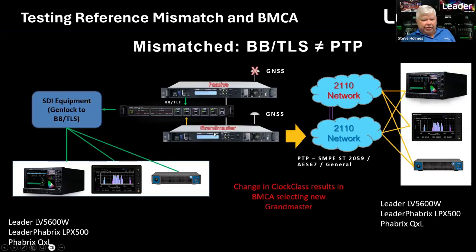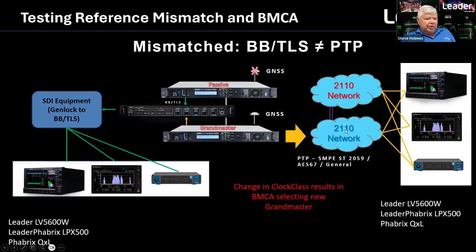The second generator on the bottom down here is going to become the grandmaster, but my baseband signals are still absolutely fine. So the ECO isn't going to do anything. So all of my baseband signals are still running off of the top generator. My PTP is coming off of the bottom SPG.